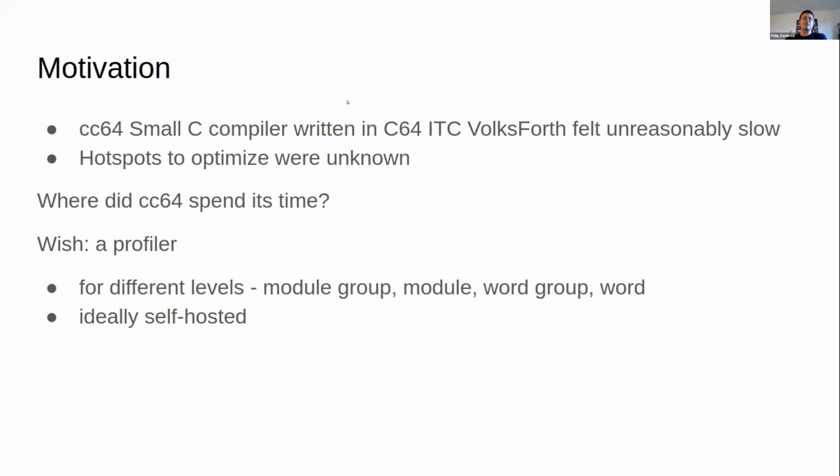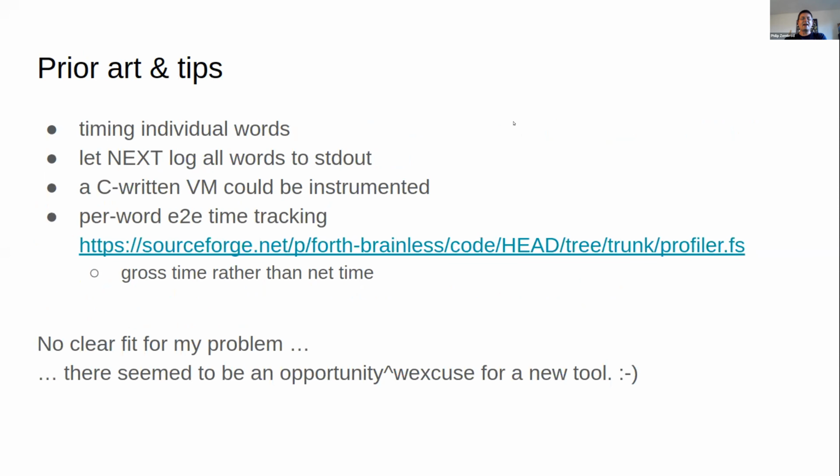And ideally, I would like to have that self-hosted. I did some research on prior art. I found some code that could time individual words. I could let next log out all timestamps, but then I would have to post-process that.